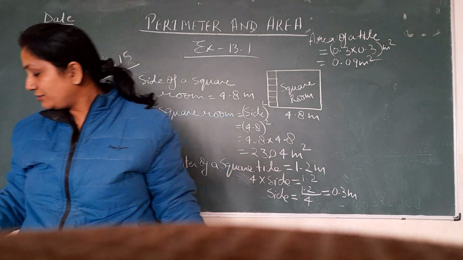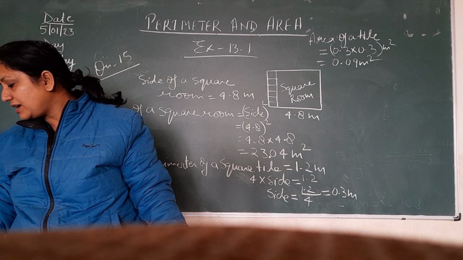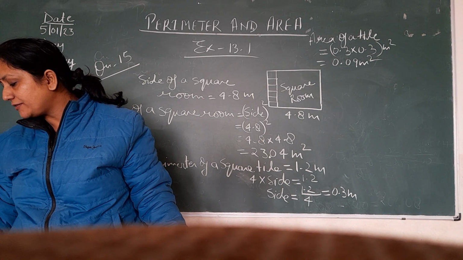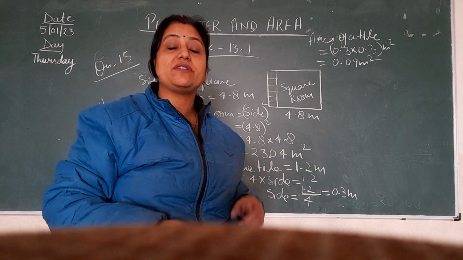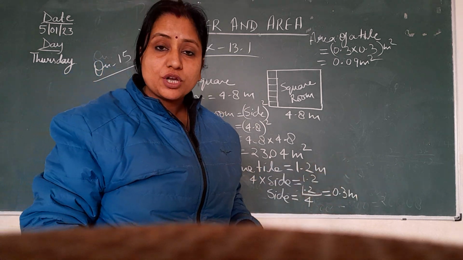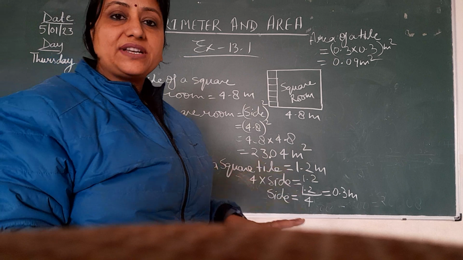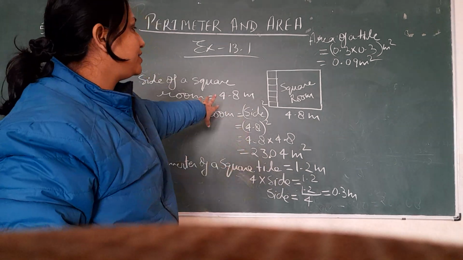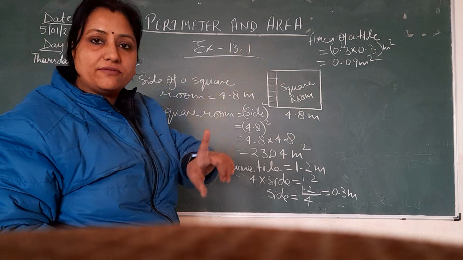Now the question is, find the cost of covering the floor if each tile costs 27. So first of all we'll find how many tiles we will put in this square room. To find the number of tiles required to fit in this room, we have to divide the area of the room by the area of one tile.